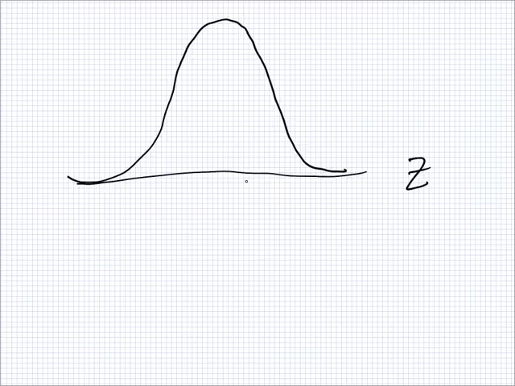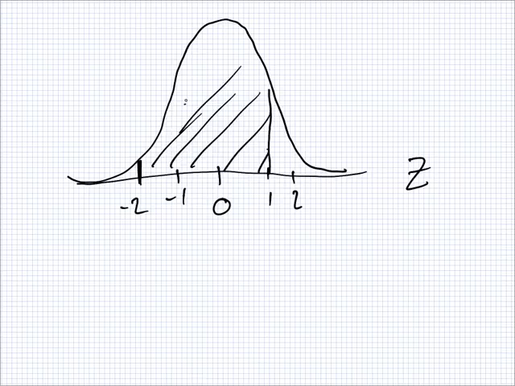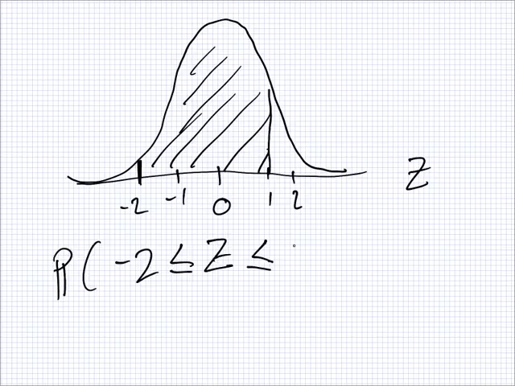Right, minus 1, 1, minus 2, 2. This time I want from minus 2 to 1. So I want the probability that Z will be bigger than minus 2 but smaller than 1.